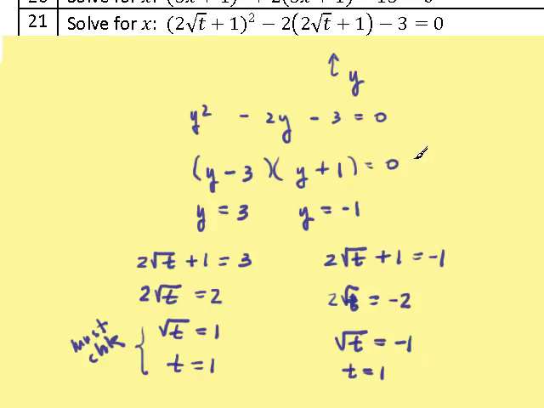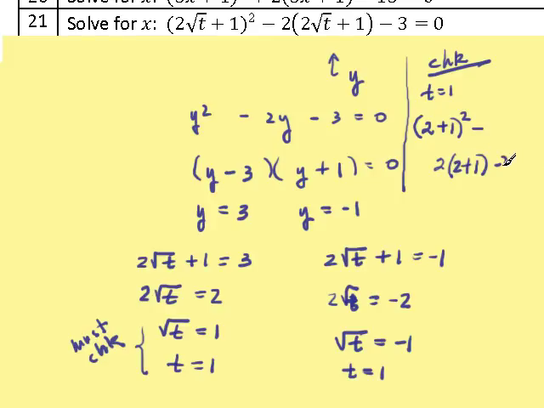So let's do our check right here. Let's say we do it right up here. So we're going to check that one solution, t equal 1. Okay, substitute in, and we have 2 plus 1 squared minus 2 times 2 plus 1 minus 3 equals 0.